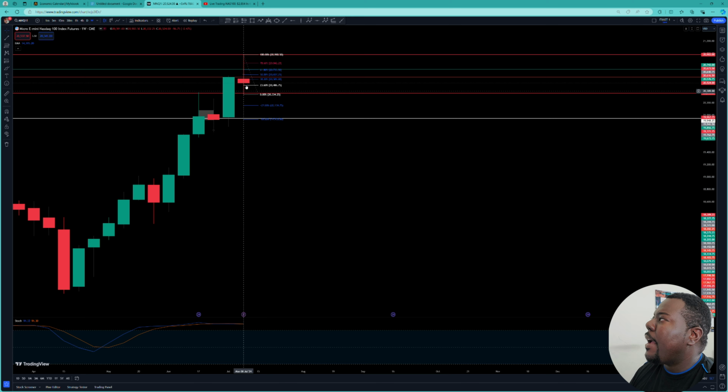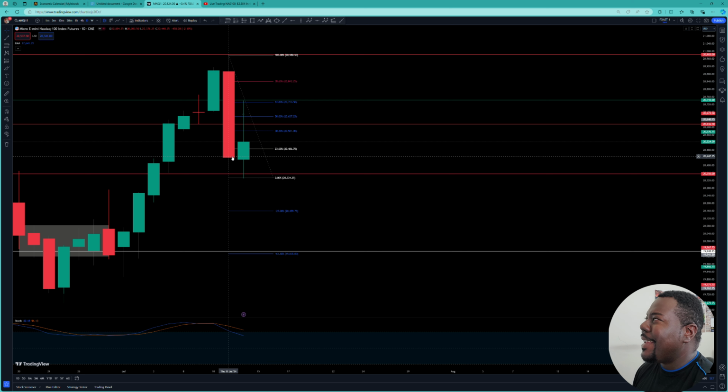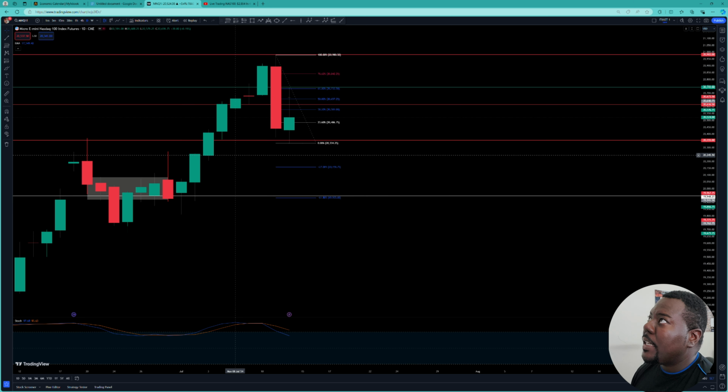So my overall bias, because of the daily time frame and how it closed with this huge engulfing candle at the all-time highs, I'm going to be looking to sell the market come Monday, unless something else says otherwise. Now, where am I looking to sell to? Because of my fib and going off of a daily time frame, a perfect rejection off of the 61.8.